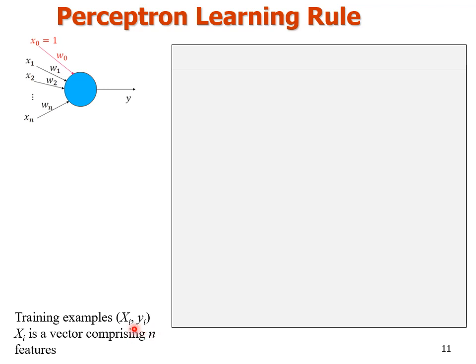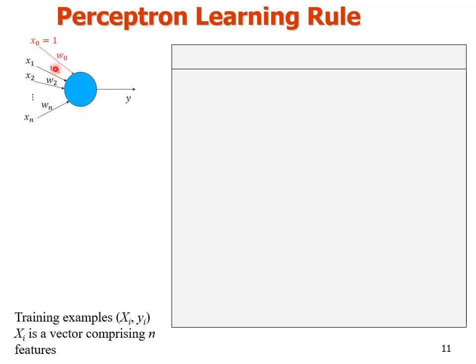This instance xi is a vector and it comprises, let us assume, n features. So whenever we present this training example to the perceptron, it accepts its features, say x1, x2 up to xn, as inputs.